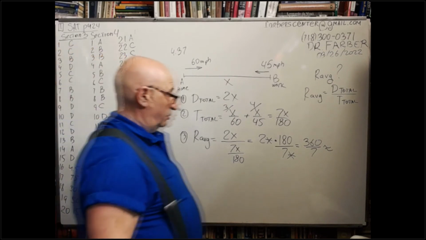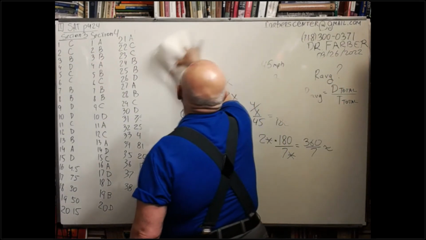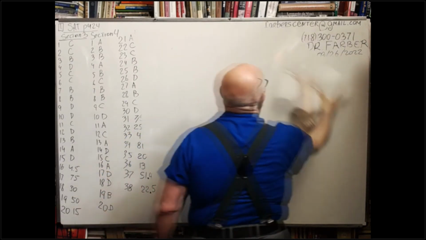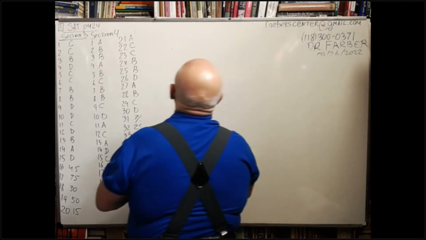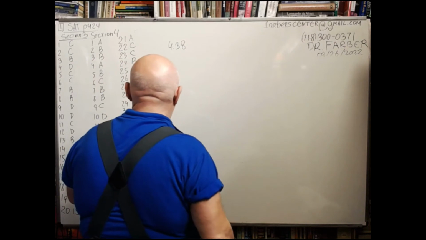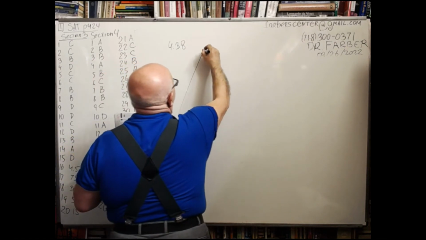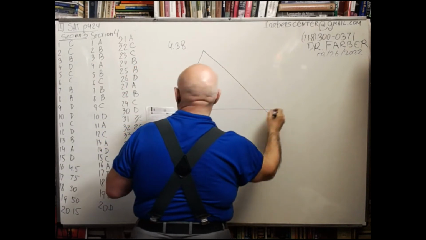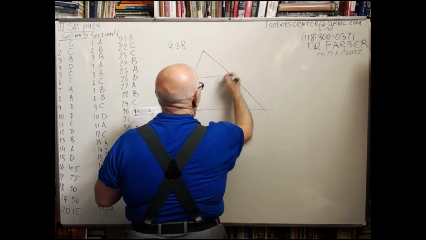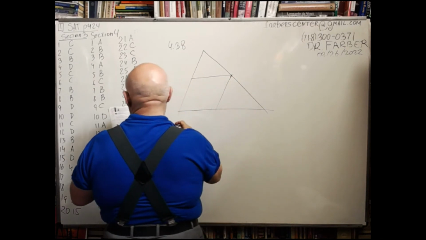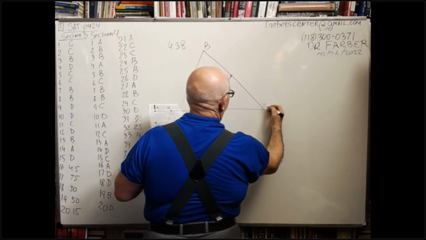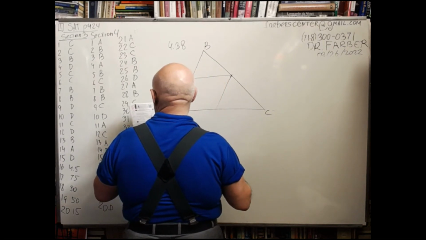Now 438, many students ask. So we have a triangle ABC, and this is FED.